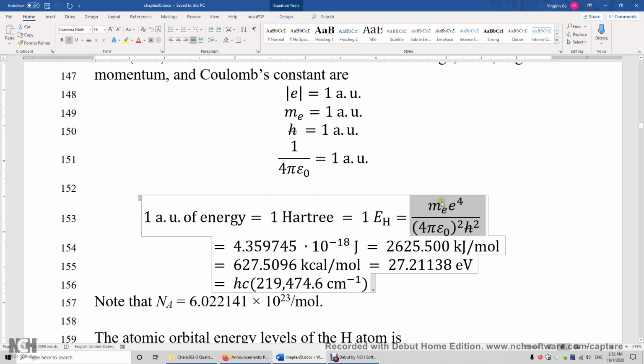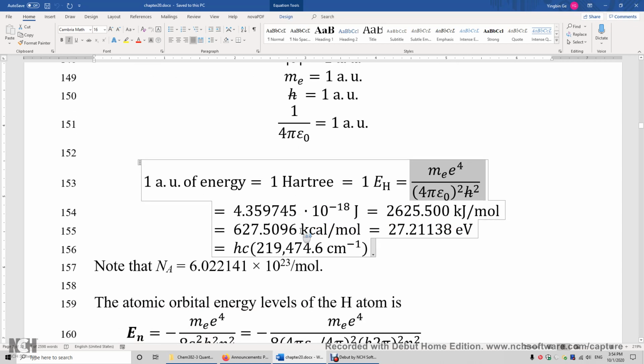And this whole thing is 4.36 times 10 to the power of negative 18 joule, or 2,625.5 kilojoule per mole. You can convert it to kcal per mole. You can convert it to electron volts. And also, you can convert this to the wave number here, because energy is h times c times the wave number.